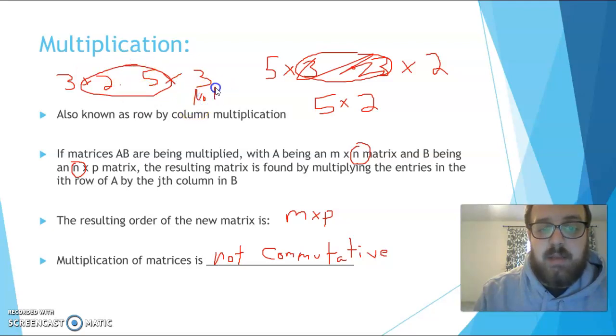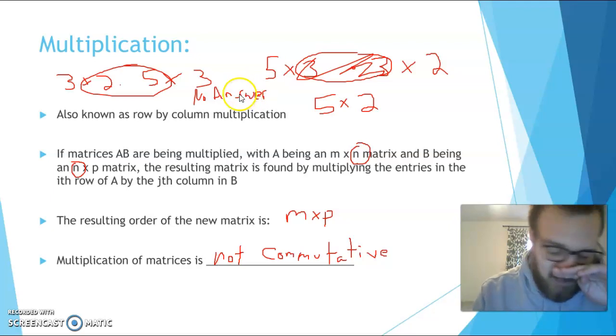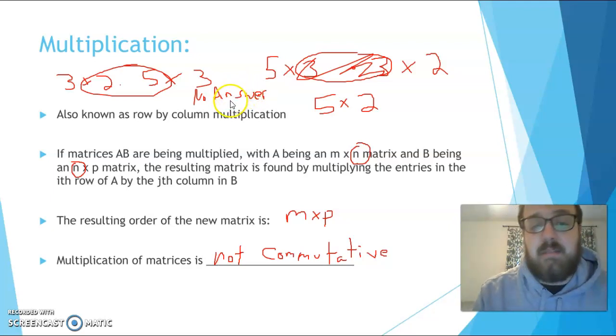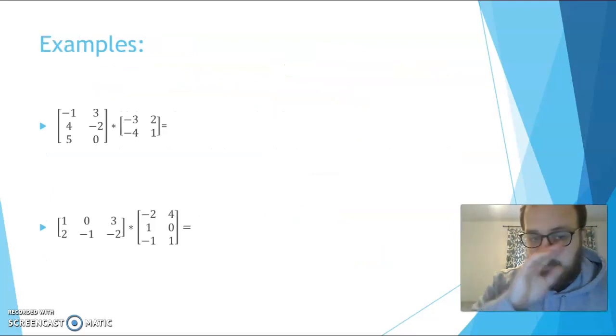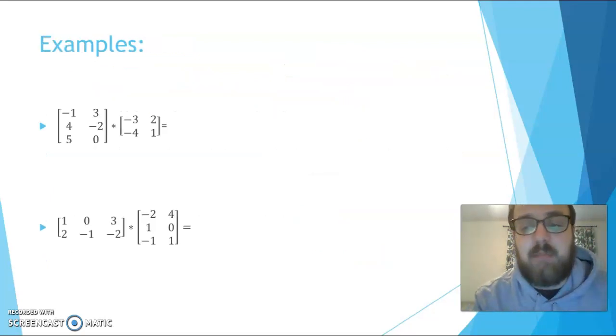I can't multiply. So again, it's really important that we pay attention to the order they want us to multiply in, in addition to how we do the multiplication and everything else, to make sure that we can actually get an answer from our multiplication. So let's walk through the steps on how to do this.